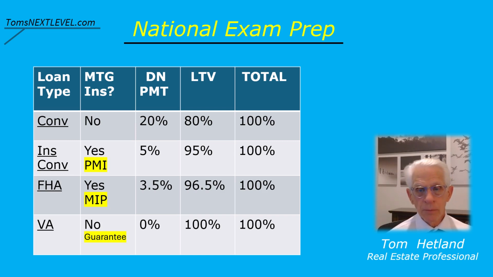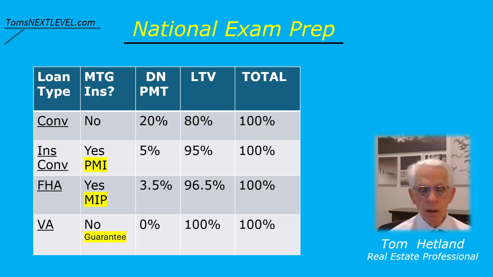So the next borrower comes along and says, I can't afford to put 20% down. I can only afford to put 5% down. Can they still get some sort of a loan? Yes. If they only put 5% down, what's their loan to value? Well, 95%. But with only 5% down, the lender says, I have to charge you PMI. That's mortgage insurance. So here's a note I'd have you make.